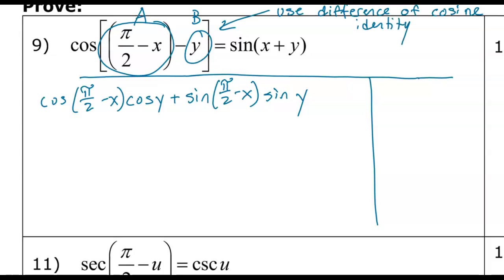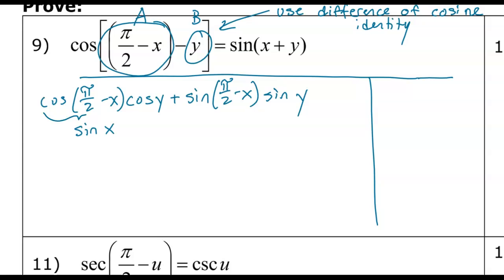Now, what do you know cosine of pi over 2 minus x is? Yes. If you look at the front of your pink sheet, you know that by the cofunction identities, cosine of pi over 2 minus x is the same thing as sine of x.